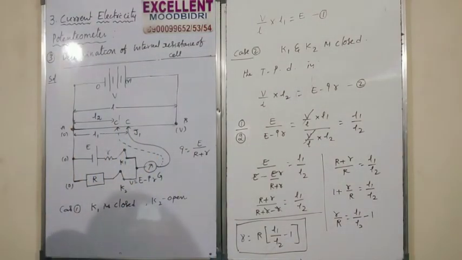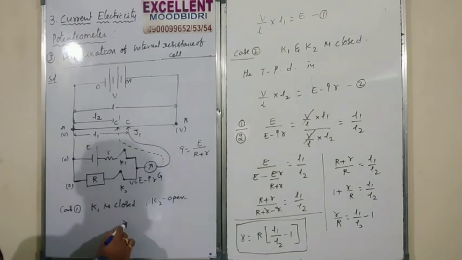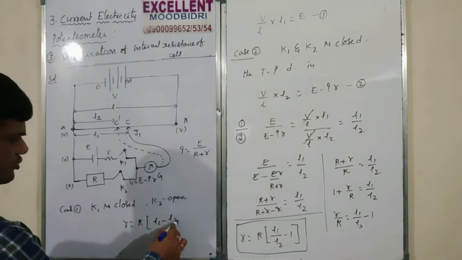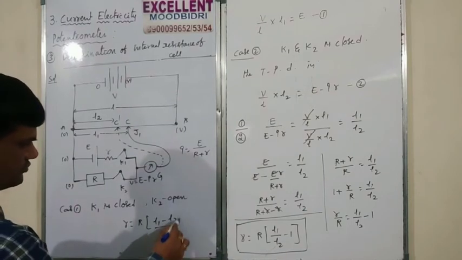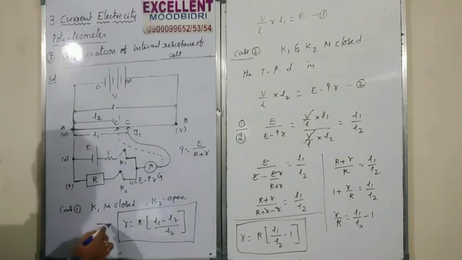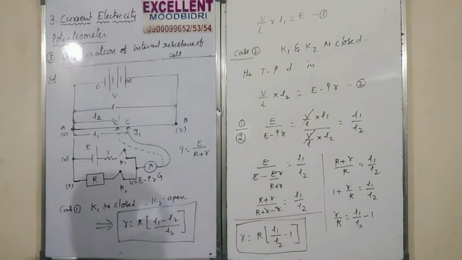Small r is equal to R into (L1 minus L2) divided by L2. This is the internal resistance formula, very important for finding internal resistance.